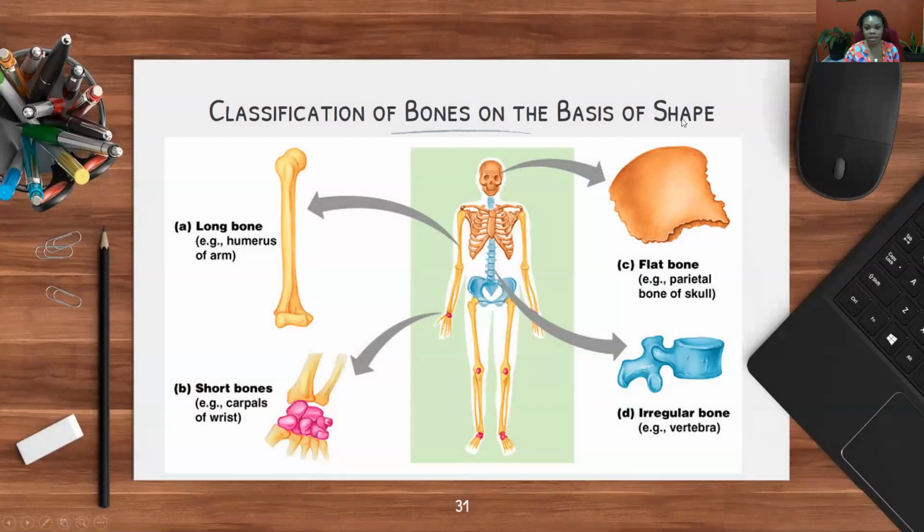Classification of the bones on the basis of shape. So you have the long bone, which is the humerus, arm, and the femur. Short bones are the carpals and the wrists. Flat bones, bones of the skull. So remember that bones of the skull are flat and they come together and they're joined. The joint there is called a fixed joint, and it's the sutures, right?